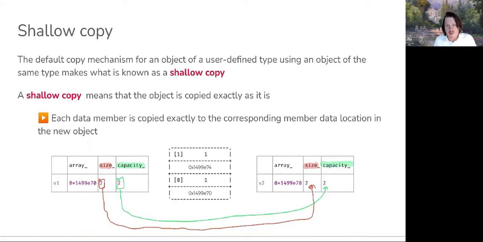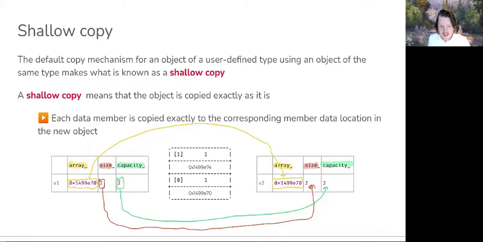Now, finally, where the shallow copy is going to really present the motivation for a deep copy is when we're copying the value of array into the corresponding field of v2's array. In this case, notice that we have an address to an object residing on the free store. And when we copy that address into the corresponding field of v2, essentially v1 and v2 are going to be storing the same address within their array pointer.